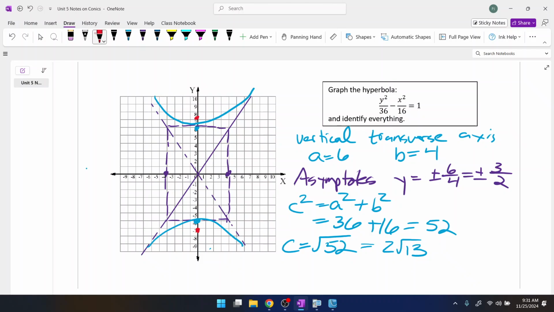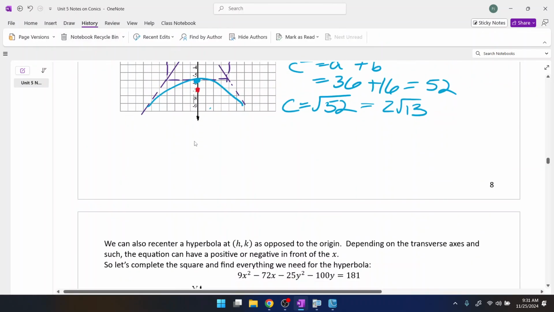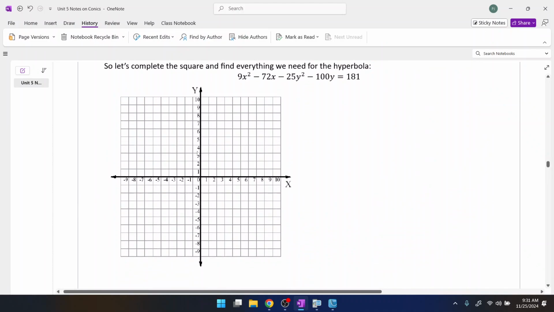All right, so you can complete the square on something like this, but what I'm going to do is I'm going to kind of just cut to the chase here. I'm going to make this a little bit simple for you right off the bat. Instead of starting off with something like this, I'm just going to give you the simplified version.